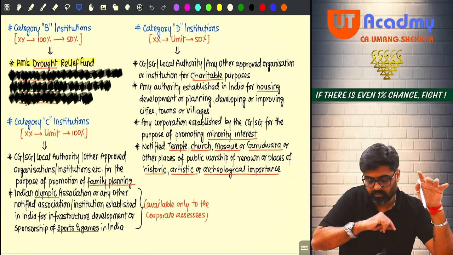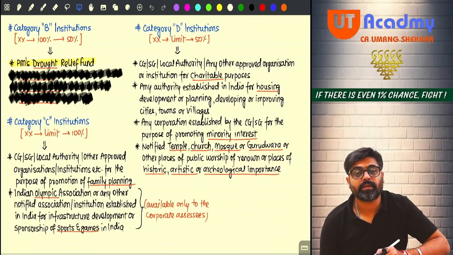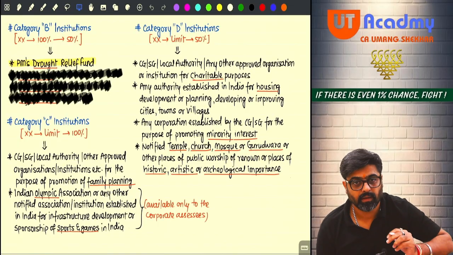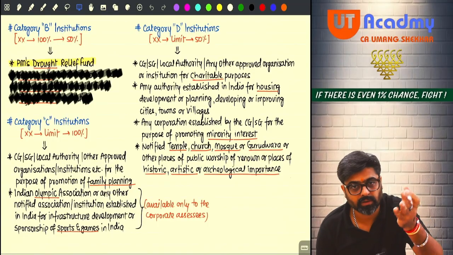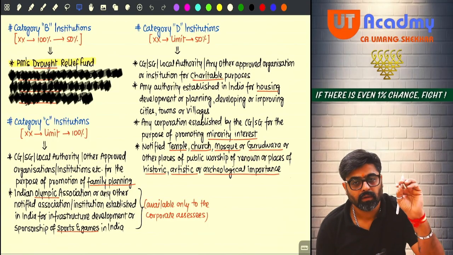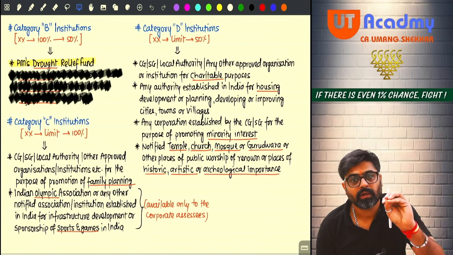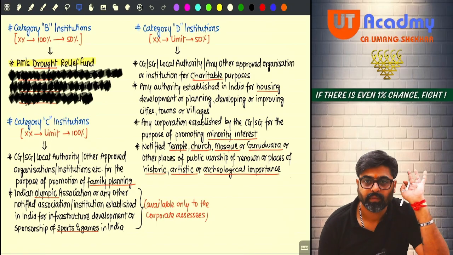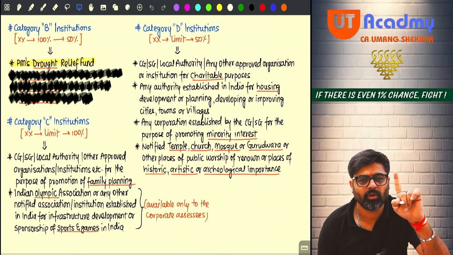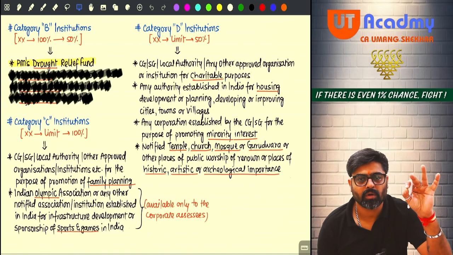Okay. So, Prime Minister's Drought Relief Fund. If you are making a contribution to that fund, the donation will qualify for deduction under section 80G, but it is a category B donation. Category B, only one name you have to remember, only one name. Prime Minister's Drought Relief Fund.